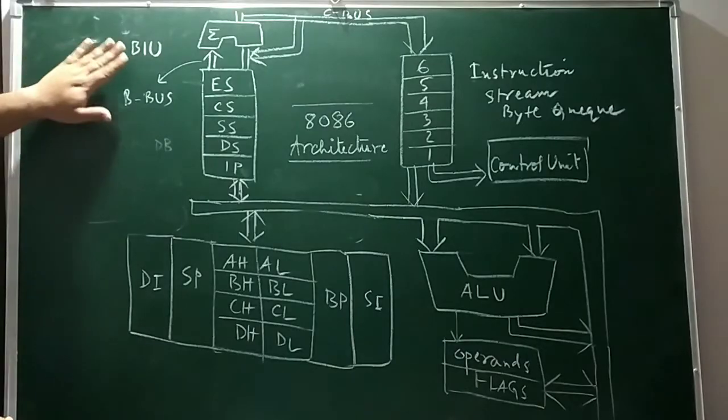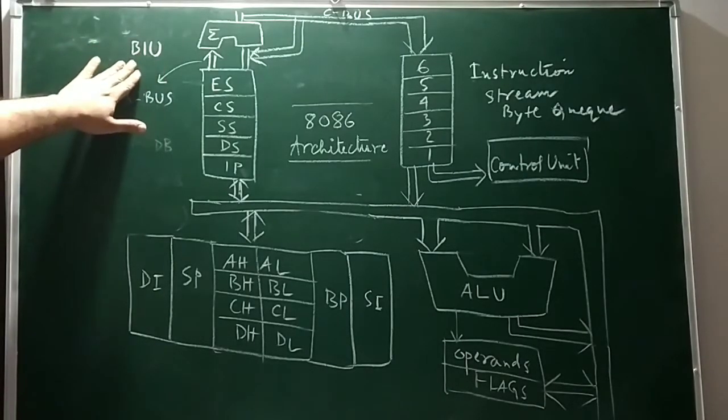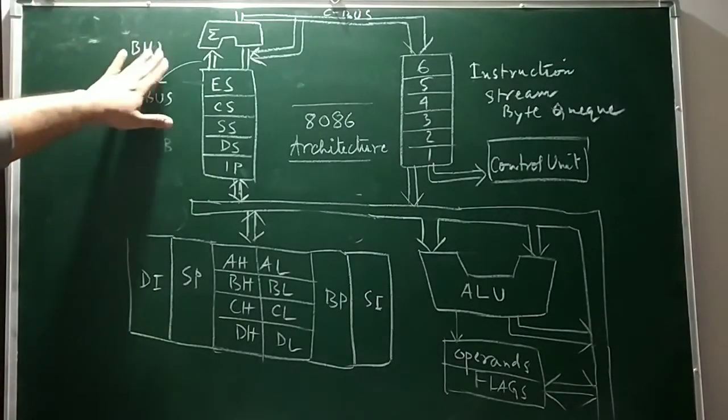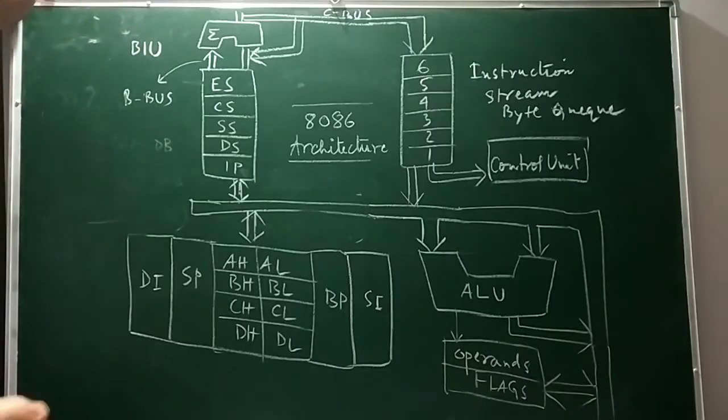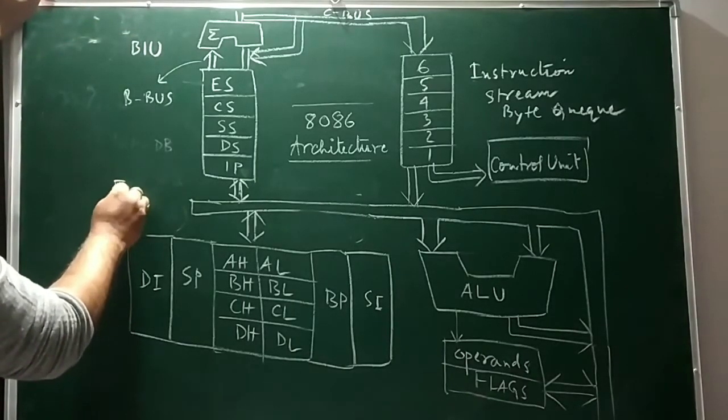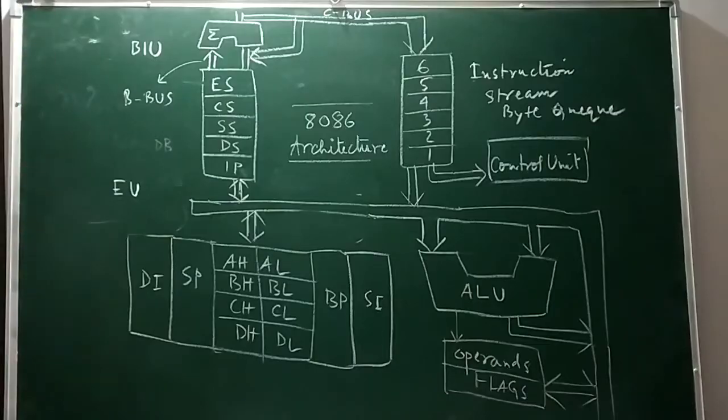One is the BIU, bus interface unit, another is the execution unit, that is EU.